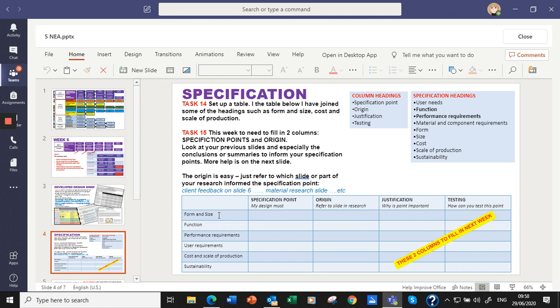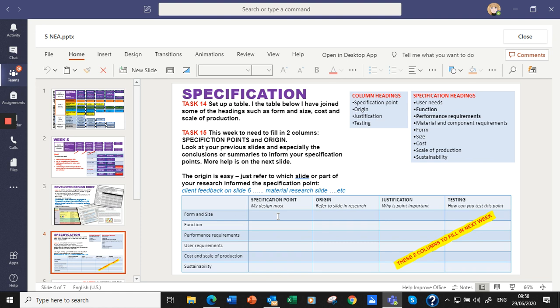So write these down: form and size, function, performance requirements, user requirements, cost and scale of production, and then sustainability. Those will go into your first column. The second column, you need to add in yourself. So what is the size? In your research, perhaps you've looked at the area where your product's going to go.